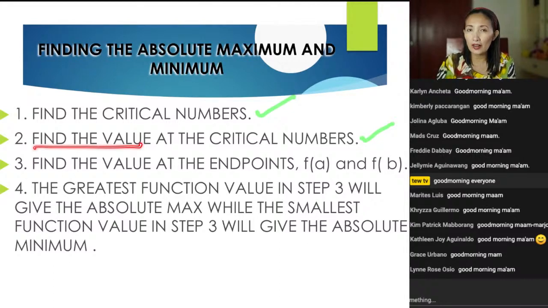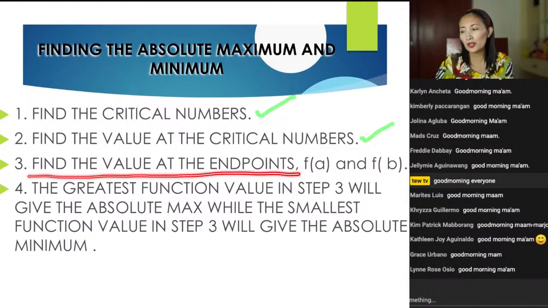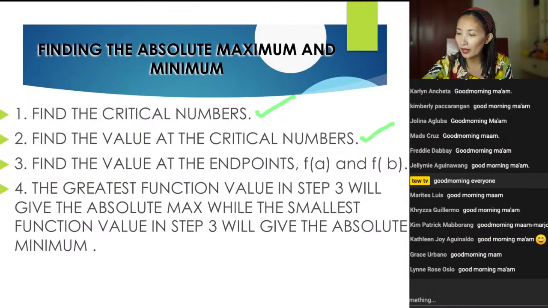A critical value is the function value at that particular x value. Next, find the value at the endpoints. Remember that we said a while ago that the function is defined in the closed interval [a, b].